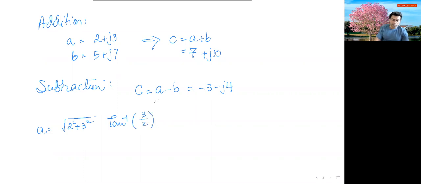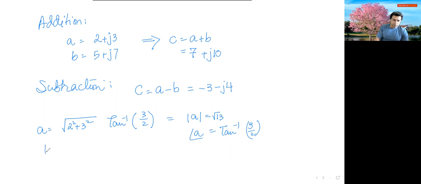And since it is in the first quadrant, the phase is going to be the correct phase when you use the tangent inverse function. So the magnitude of A is 4 plus 9, which is 13, square root of 13. And then the phase of A is, I'm just going to write down, tangent inverse of 3 over 2.